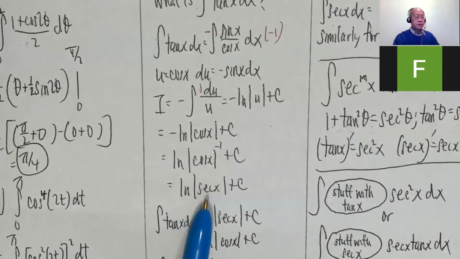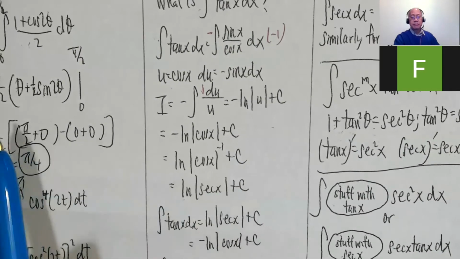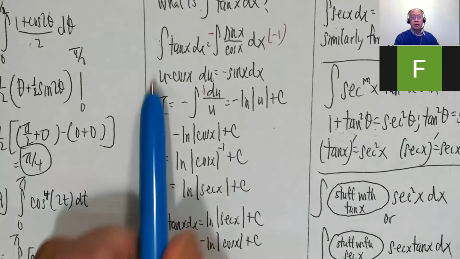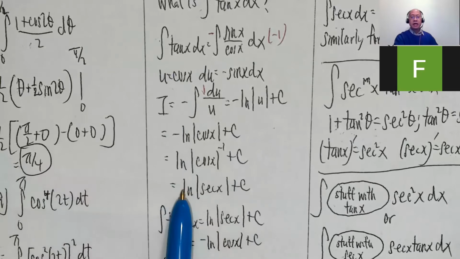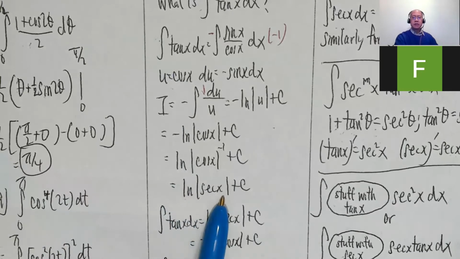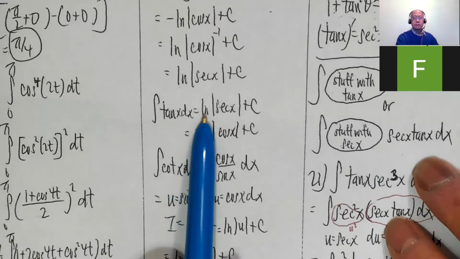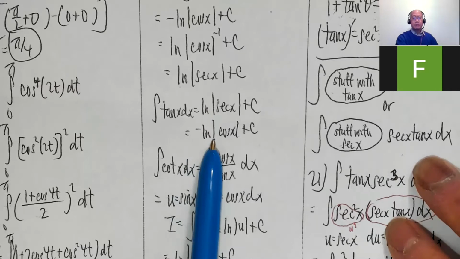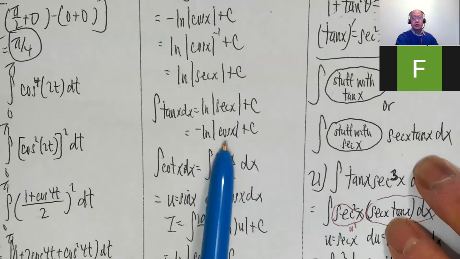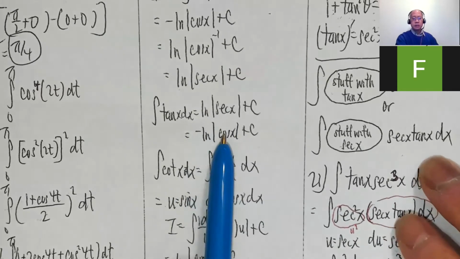Okay, so again, you don't have to memorize it, but this is what's in your textbook. Integral of tangent, ln absolute secant x plus c. So this is where it comes from. So you have a choice, either this one or this one. I will accept both. Like I said, there's advantages for each.